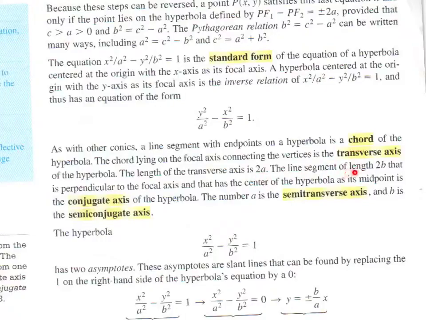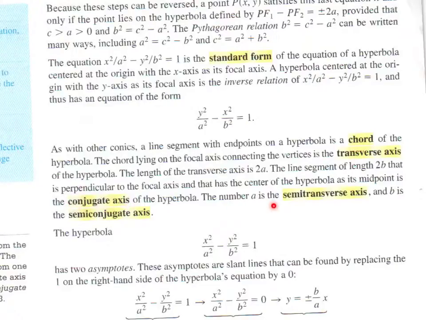The line segment of length 2b that is perpendicular to the focal axis, has its midpoint at the center of the hyperbola, is the conjugate axis of the hyperbola. This is what we called the minor axis in ellipses, and here it is referred to as the conjugate axis.